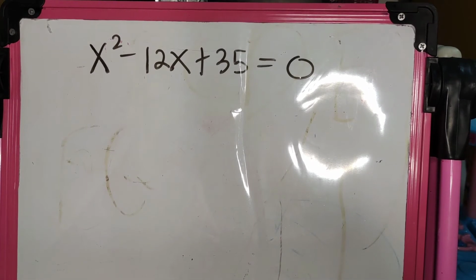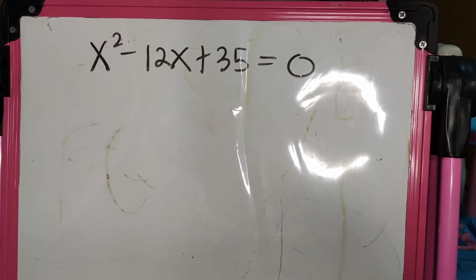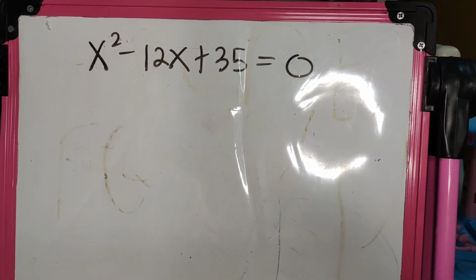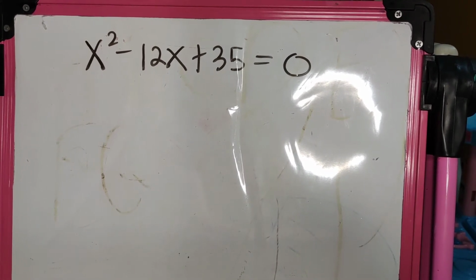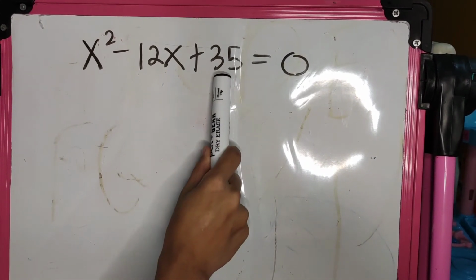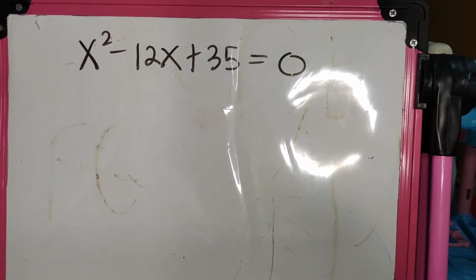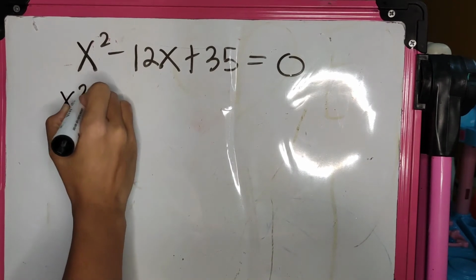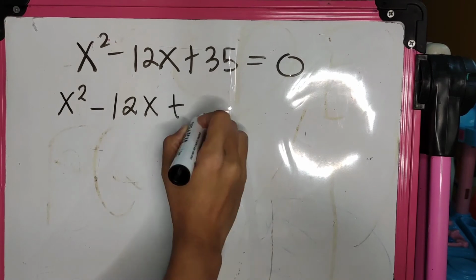All you have to do is number 1, we will apply the addition property of equality by adding negative 35 on both sides of the equation, or simply let us transfer 35 to the right side of the equation, making it negative 35. So we will now have x squared minus 12x plus blank.